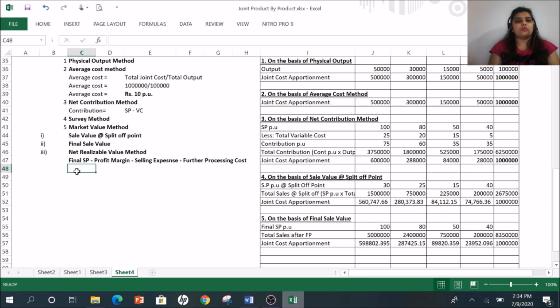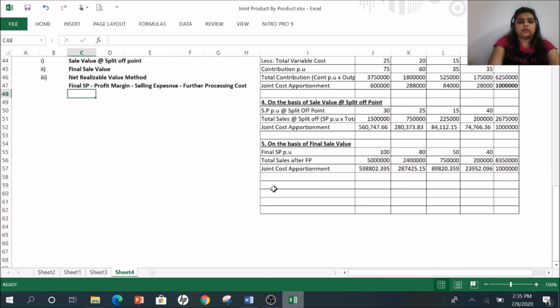Now cost of goods sold, in this we have two components, joint cost and our further processing cost. If I remove the further processing cost also, I am just left with the portion which I have left with me or realized from each unit towards my joint cost. So that is the realization value or the realizable value for my joint cost.